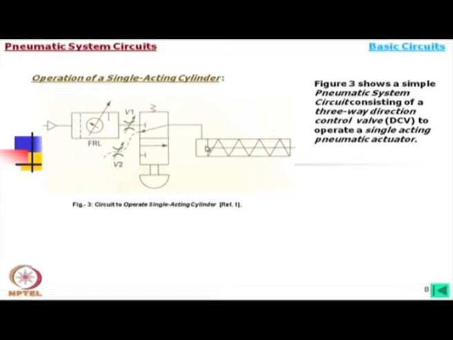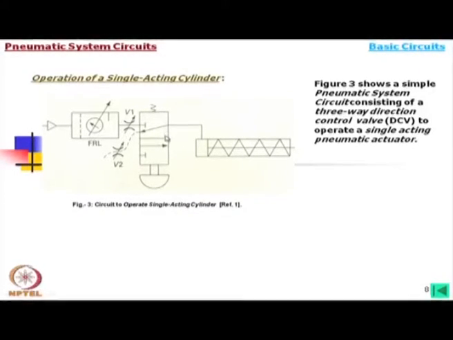If any pressure is trapped this side, then it will not return. We have to release this air completely, and then due to spring release, it will return to its original position.